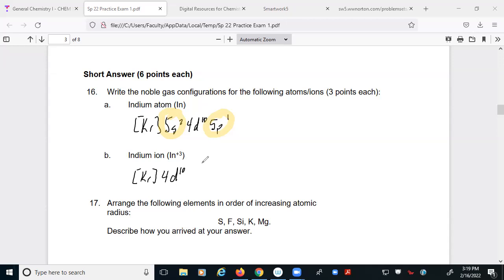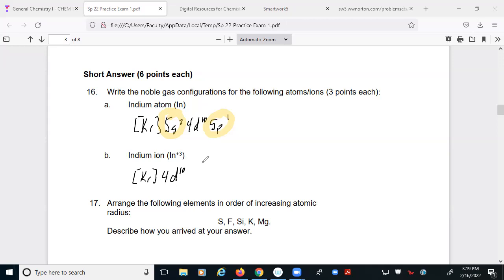So the thing that you have to remember, and this is where some of you generally fell a little bit short, is that if you are making an ion, positive means we take away electrons. Negative means we add. I think that was probably the biggest mistake in the configurations.